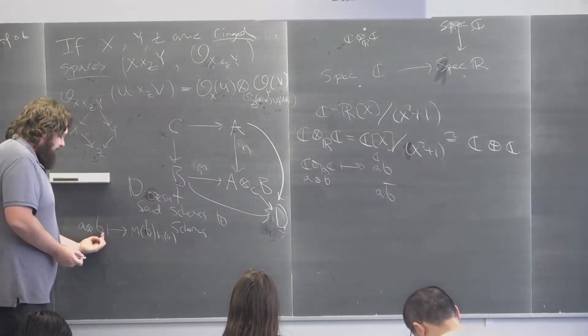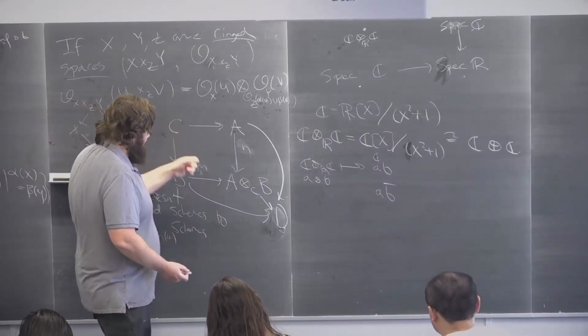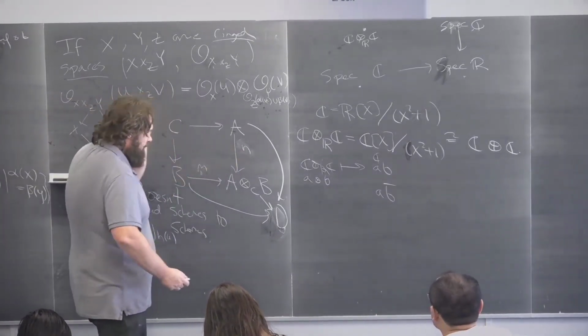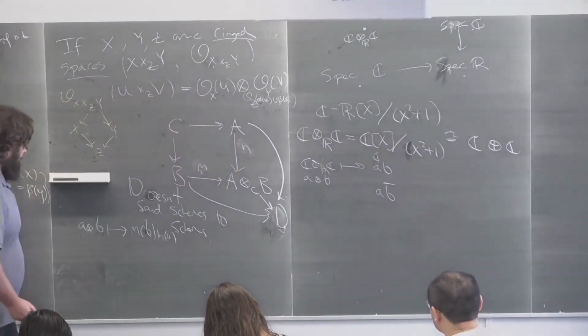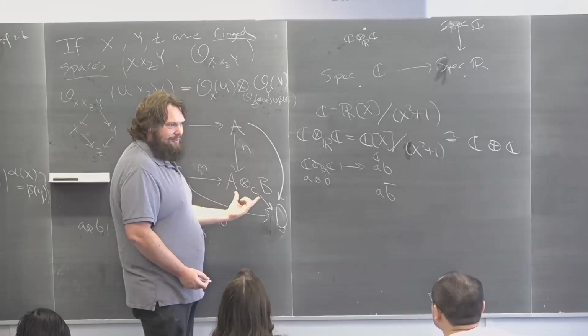And if I had something in C, I could move it from one side to the other because on C, M and N agree, right? So you can think of this as the definition of tensor product of algebras.